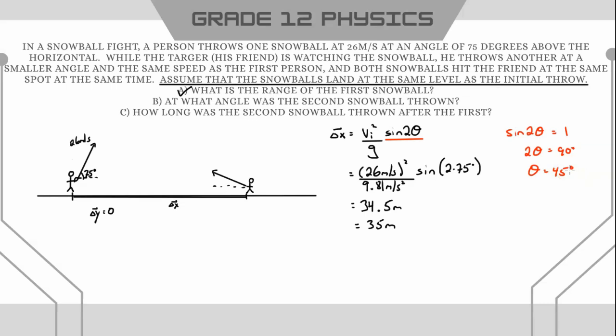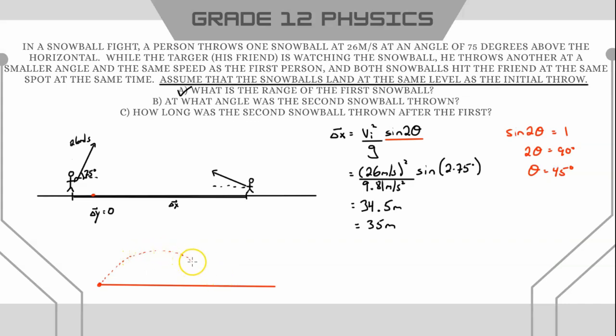So to get maximum range, you need theta to be 45 degrees. Well, what happens if it's higher or lower than that? Well, the range doesn't go as far. In fact, if you're the same amount higher than you are lower, you get the same range. What does that mean? Let's just look at, imagine, for example, I'll do this on a separate graph. Imagine we throw something at 45 degrees. That's our maximum range.